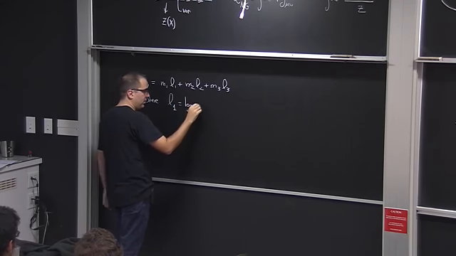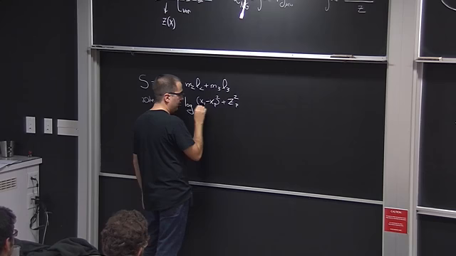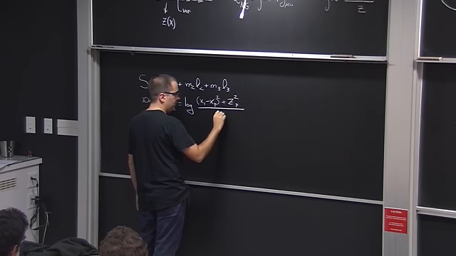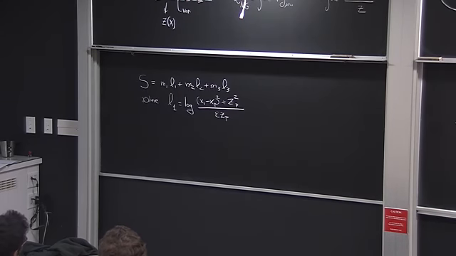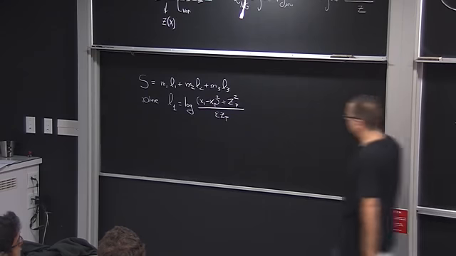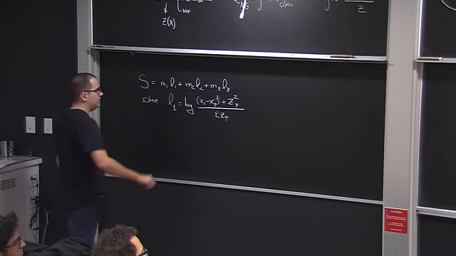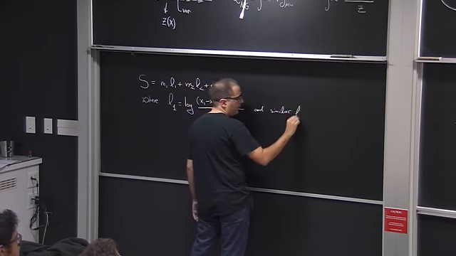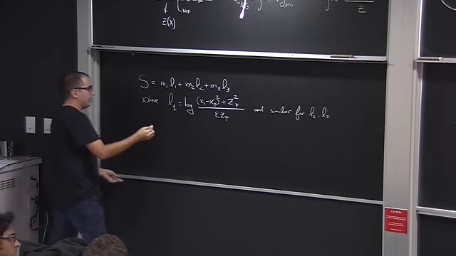This L is logarithm of x1 minus xp squared plus zp squared over epsilon zp. Good. Okay, and similar for L2 and L3.